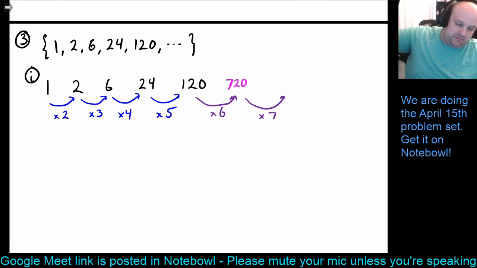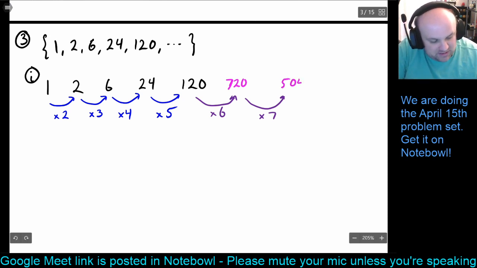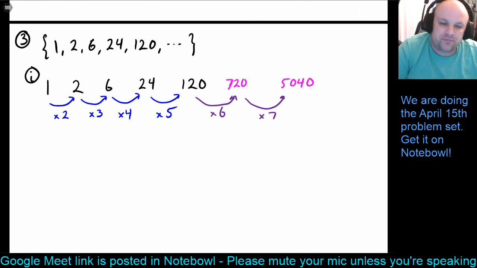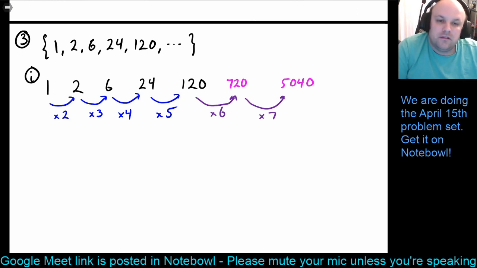And then I can't multiply that by 7 in my head. So 720 times 7. All right, so the next term gets quite a bit larger, 5,040. But how does that look? Does that look like what you have, hopefully?